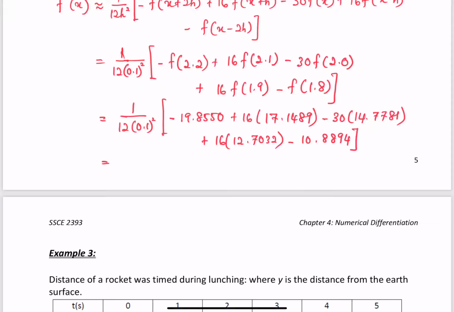You substitute all these numbers in your calculator, and what you will get is 29.3017.